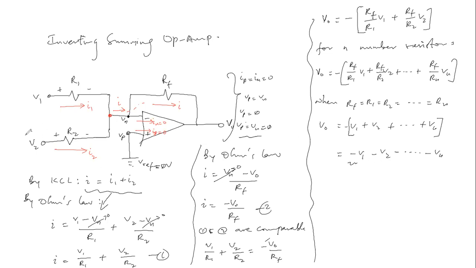The negative values account for the 180-degree phase shift, which implies the inversion. Hence, inverting adder or summing op amp.